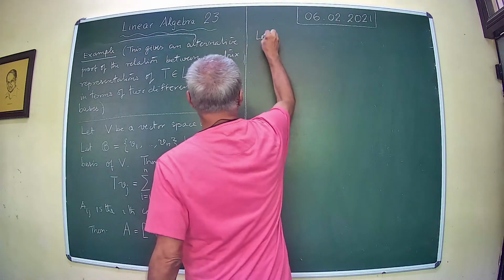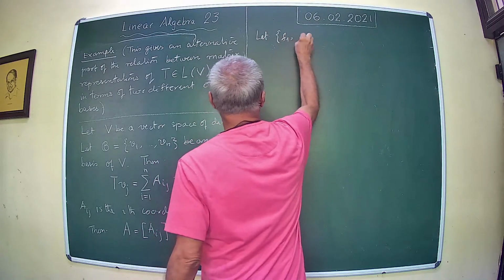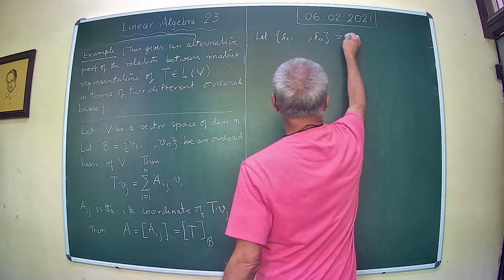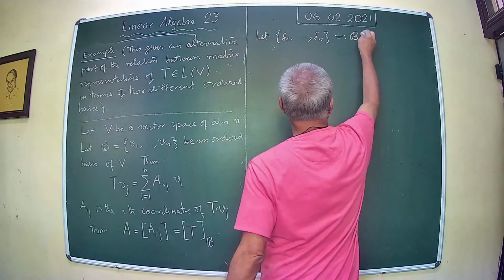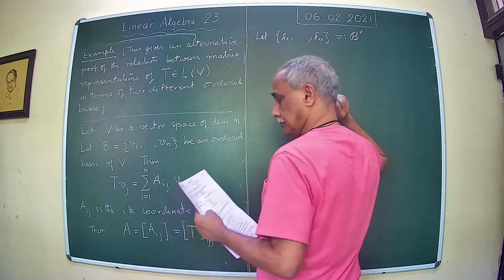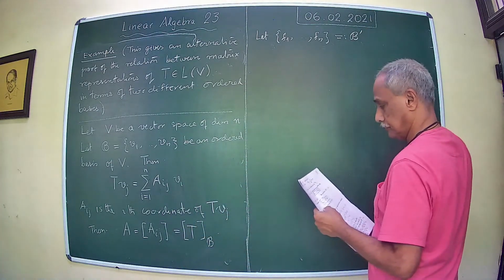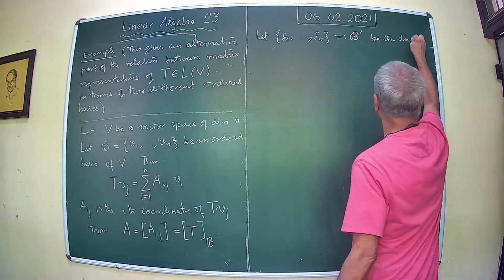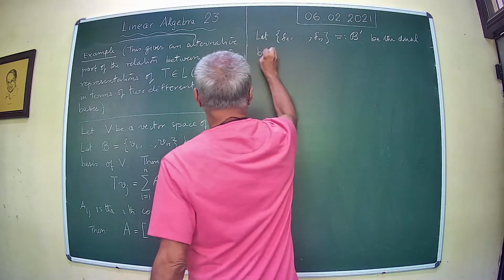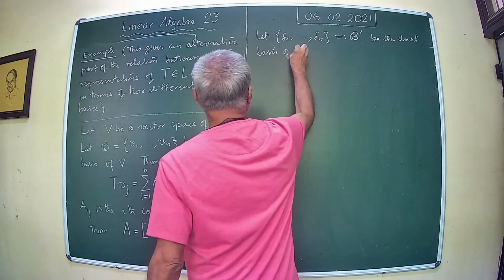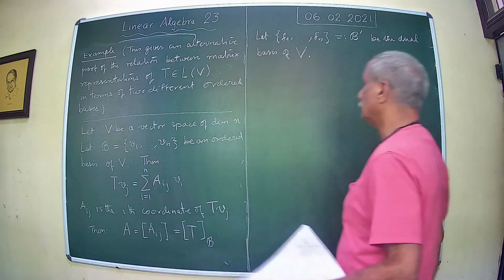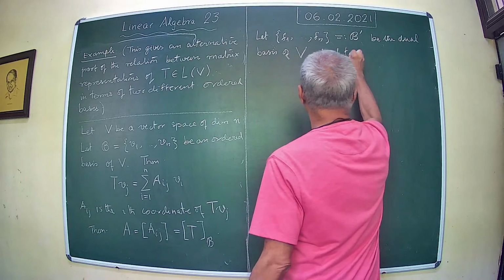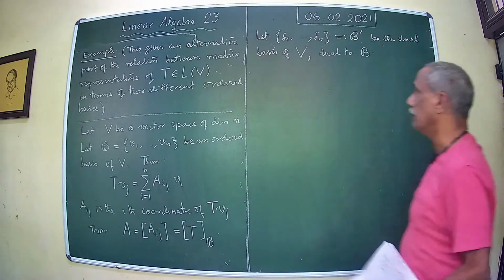Let the dual basis, designated by B prime, be dual to the ordered basis.